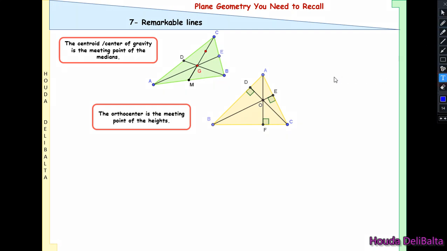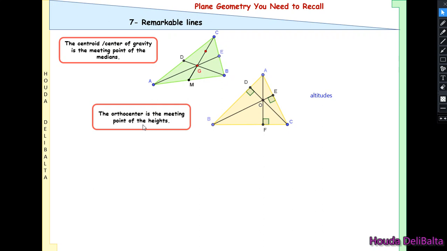Another word for the heights is the altitudes, if you see it somewhere. The altitudes are also concurrent at a point that we call the orthocenter. So the meeting point of the medians is the centroid. You have to differentiate between them. The meeting point of the heights is the orthocenter.